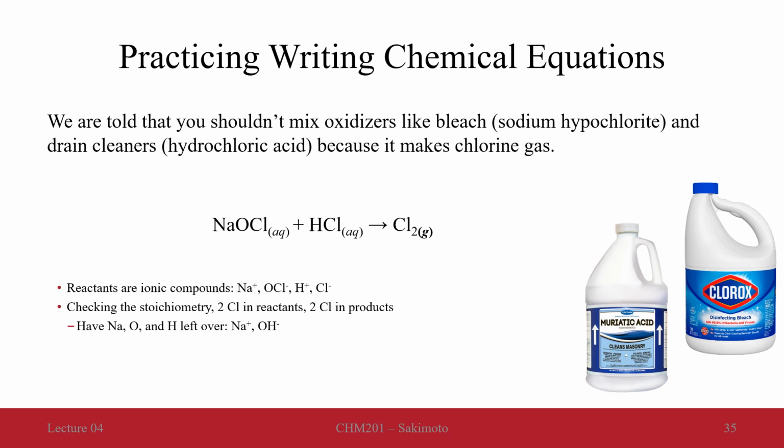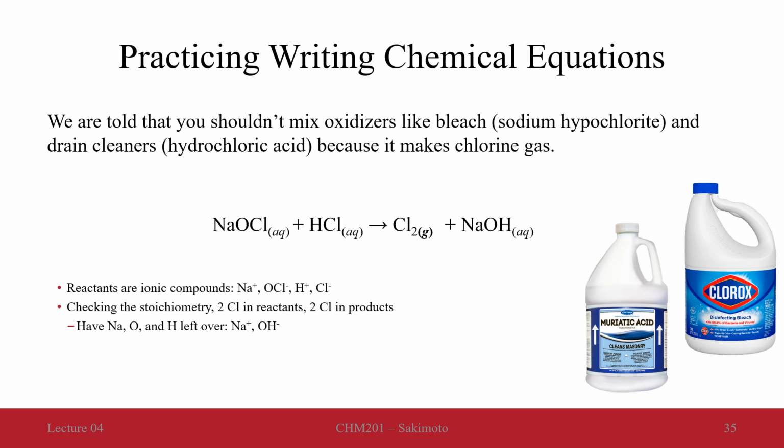So reasonable products, things we've seen before, are reasonably good predictions for things we might produce in this reaction. So a reasonable prediction of the missing component is that this reaction not only produces chlorine gas, but the remaining ions combine together to produce sodium hydroxide, NaOH.